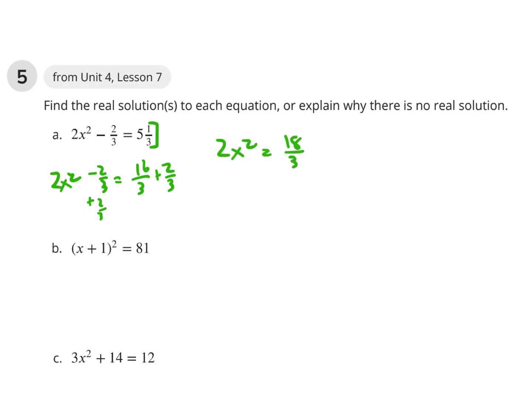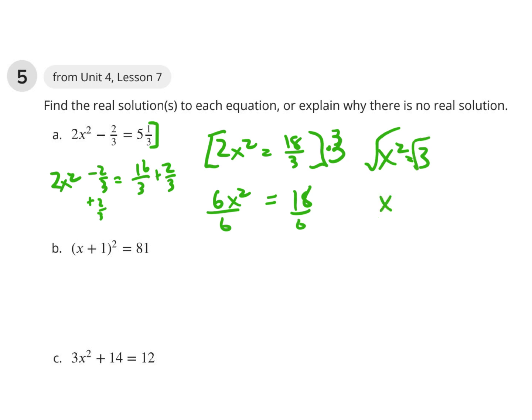So basically, to cheat, I am going to multiply both sides by 3 to get rid of my denominator. I'm not cubing it, I'm multiplying it by 3. So that'll get rid of the denominator on the left side. This is 6x squared, divide by 6, divide by 6. x squared equals 3. Take the square root, x equals plus root 3 and negative root 3.